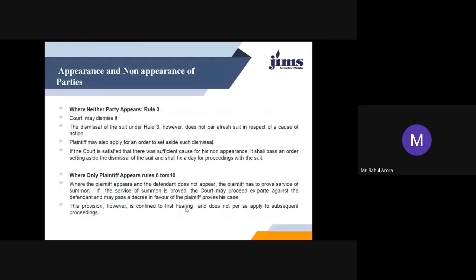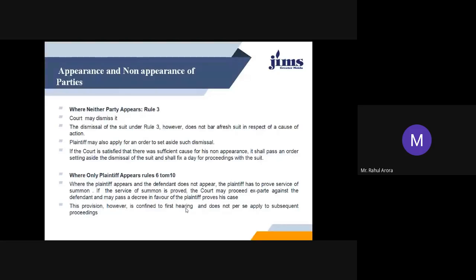Now, I will straight away come to the first point, that is, where neither party appears. Then what would be its effect? On the date given to the parties, if both parties do not appear before the court on the said date, the court may dismiss the civil suit.